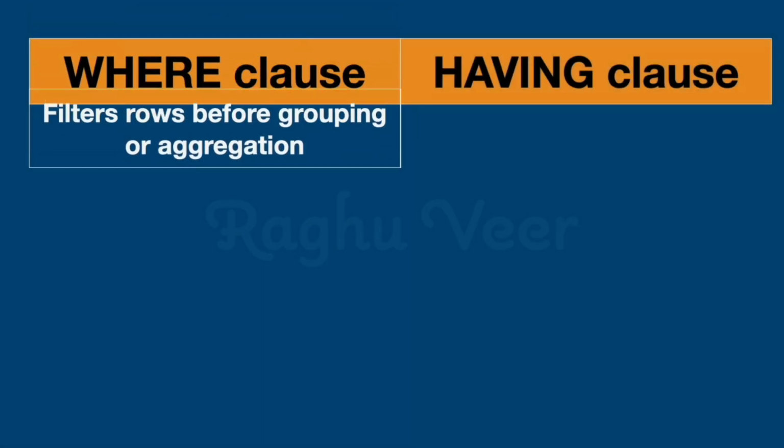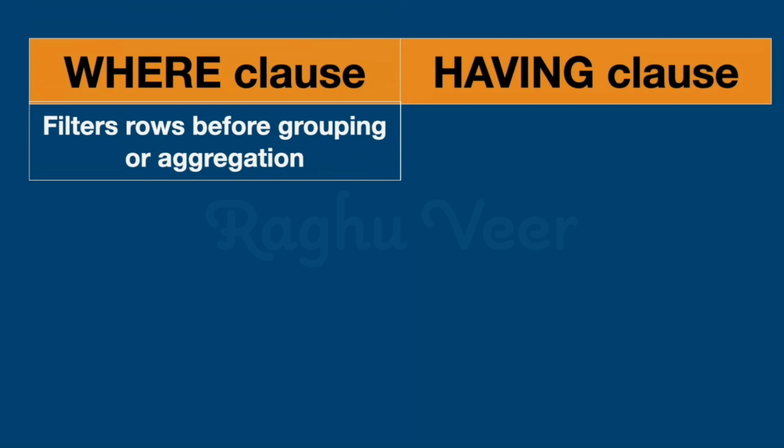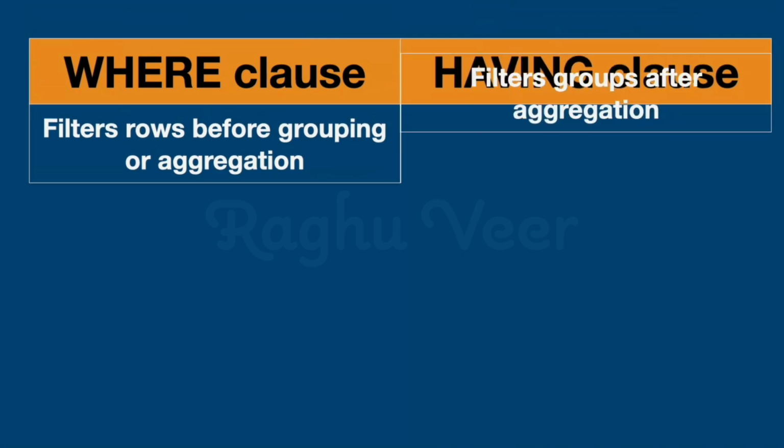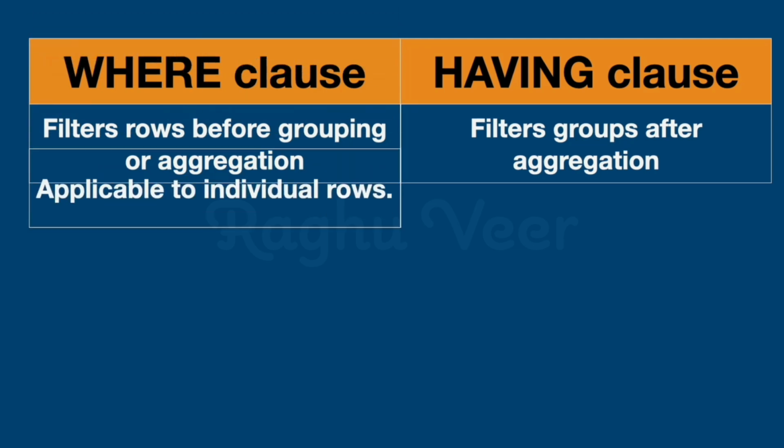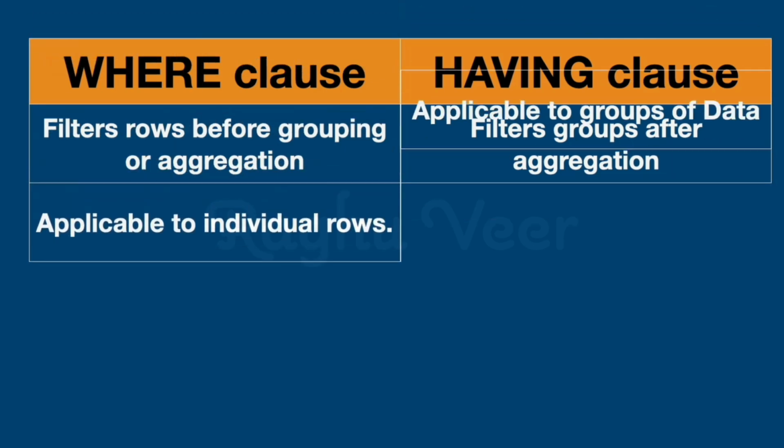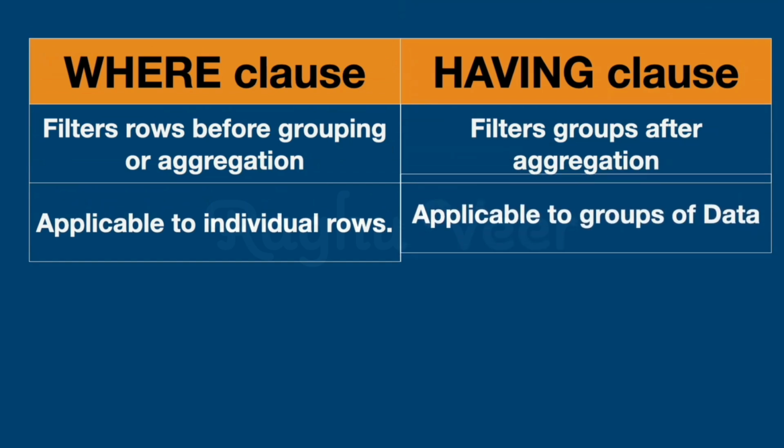At this point, it is important to understand the difference between where clause and having clause, both of which are used to filter the data in SQL. Where clause filters the rows before grouping the data, and having clause filters the groups after aggregation. While where clause is applied to individual rows, having clause is applied to groups of data.